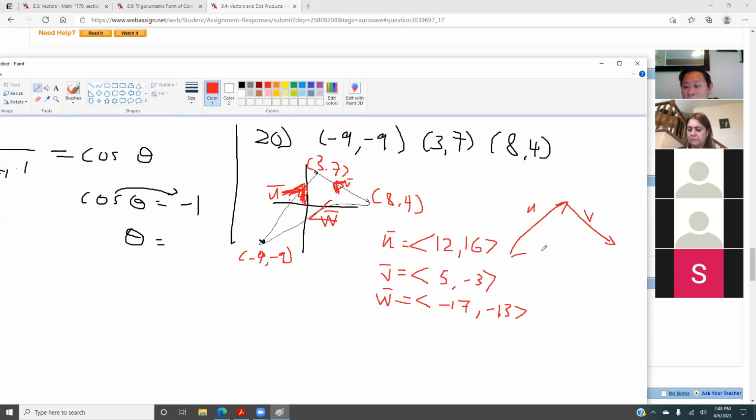So this will go this direction. So you just need to change your sign in this case. So instead of -17, it should be +17 and +13. Okay. So it will work nicely. So this goes back to the first. And then what you do here is figure out alpha, beta, gamma, or A, B, C if you want it easy for you. So alpha is using u and w, right?